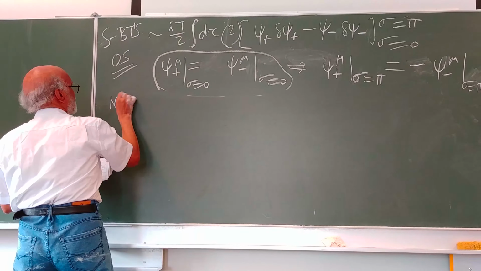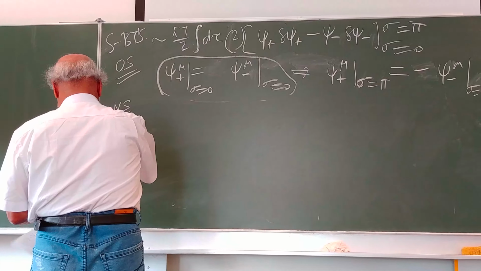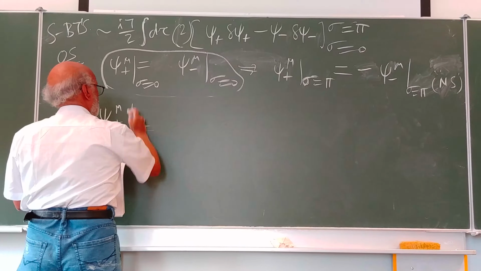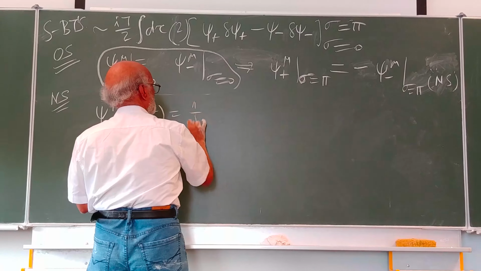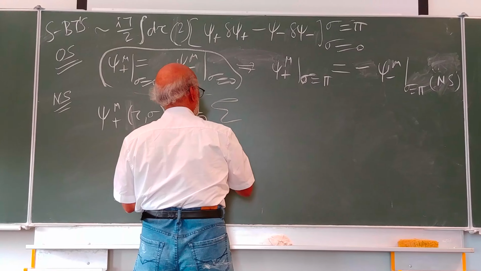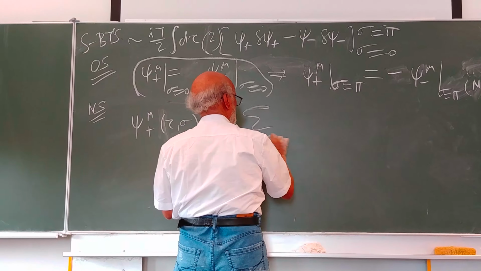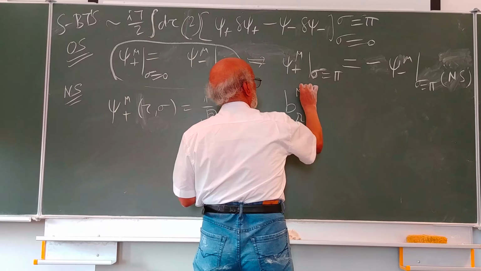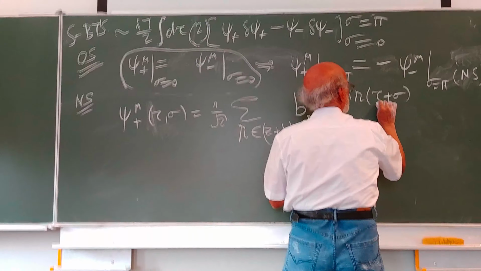So in the NS sector, the Fourier modes would be psi mu plus (tau, sigma), 1 upon square root of 2, sum over r in Z plus 1/2, b r mu e to the power minus i r (tau plus sigma).